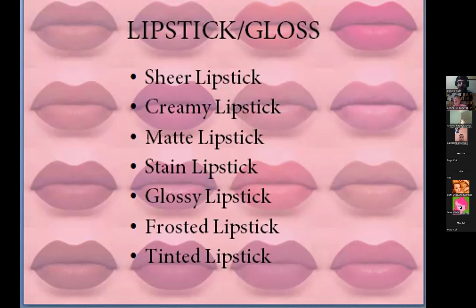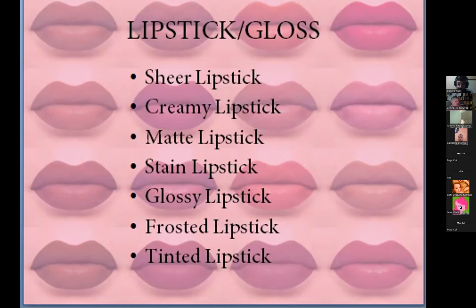Sheer lipsticks are often used as a base for other lipstick colors or worn on their own. Creamy lipsticks come in a wide range of shades and finishes, from sheer and glossy to full coverage and matte. Matte lipsticks are richly pigmented cosmetics that give the lips a velvety appearance.